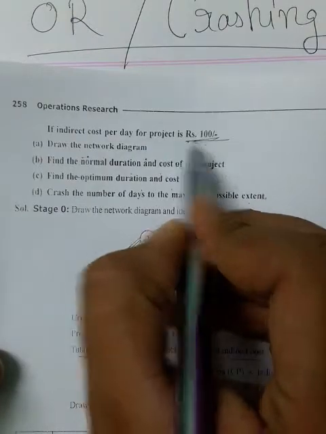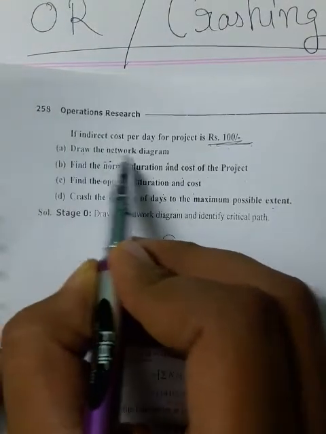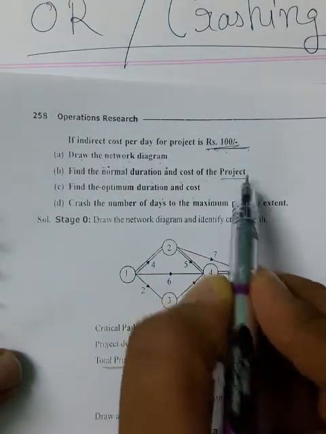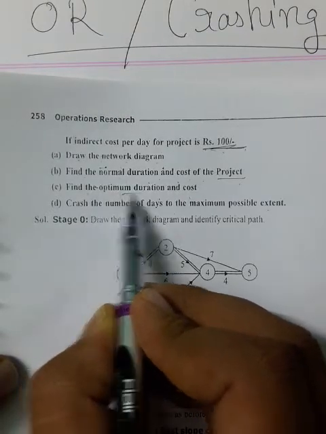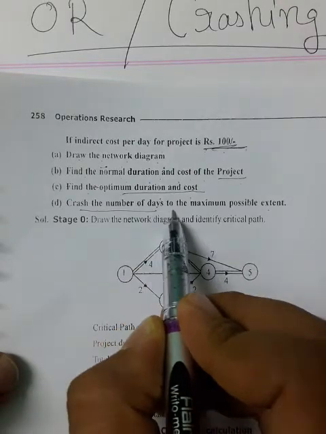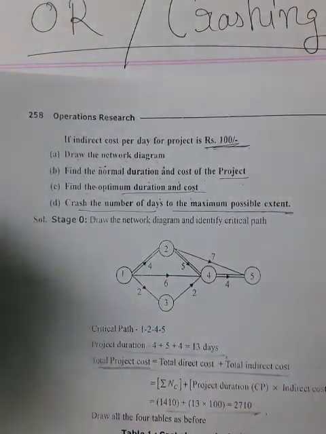We need to draw the network diagram, find the normal duration and the cost of the project, then find the optimum duration and cost, and next crash the number of days to the maximum possible extent. So let's start solving this.